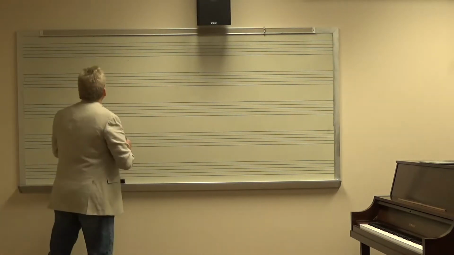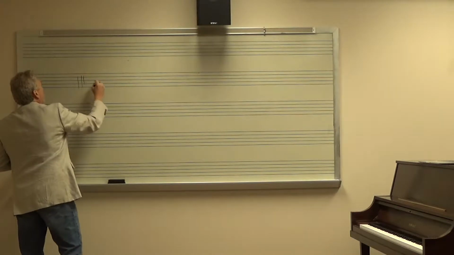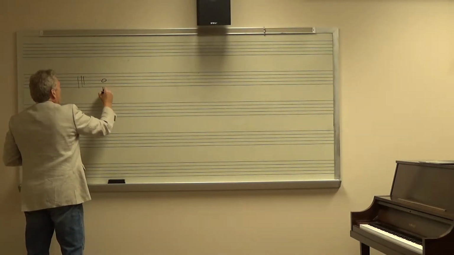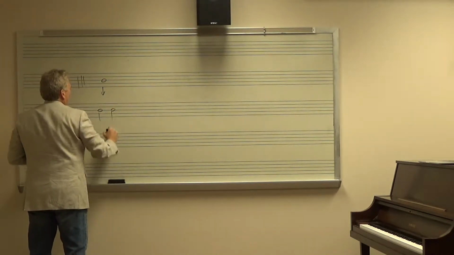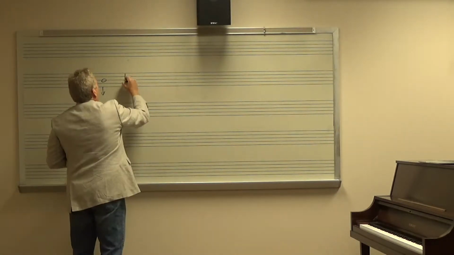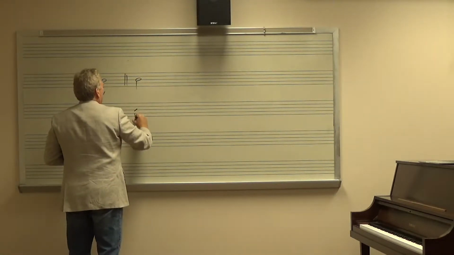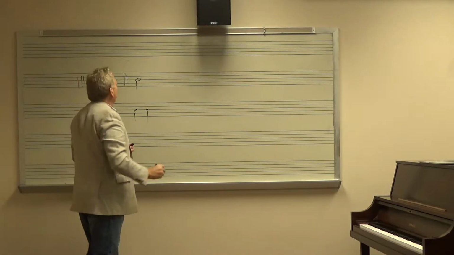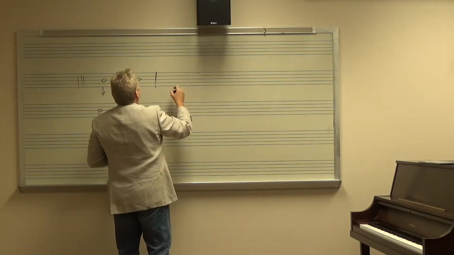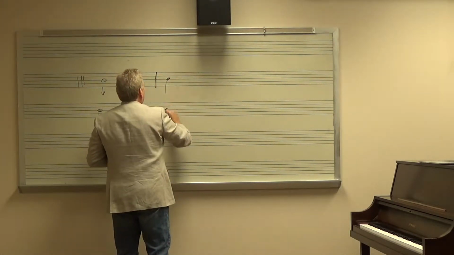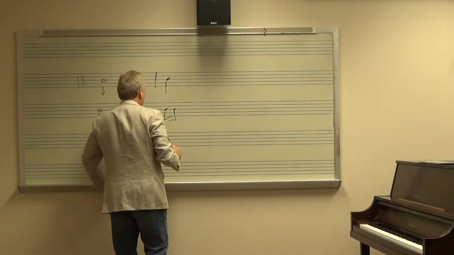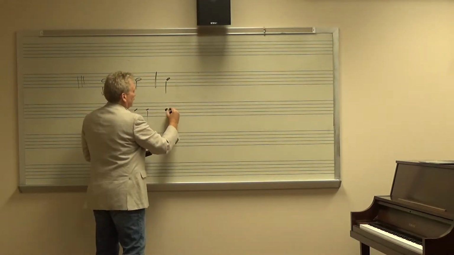So once again, just to understand how this works, my whole note can be divided into 2 half notes. My half note into 2 quarter notes. My quarter note into 2 eighth notes, and they can be beamed together.